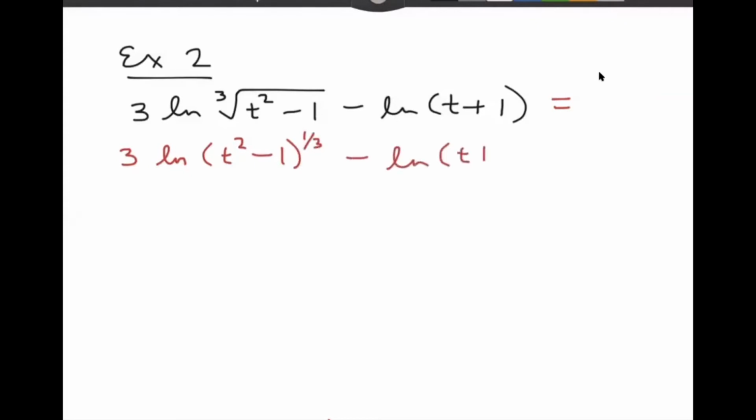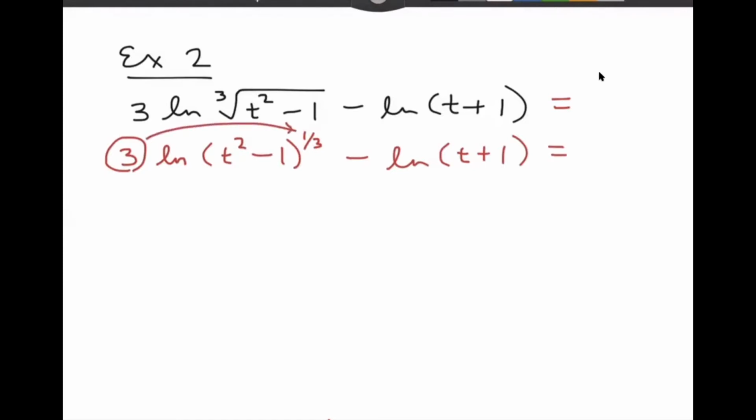All right, now I see a quotient rule coming up here pretty soon, but before we can use the quotient rule, we have to take care of this 3. So what I'm going to do is use my so-called reverse power rule for logarithms.